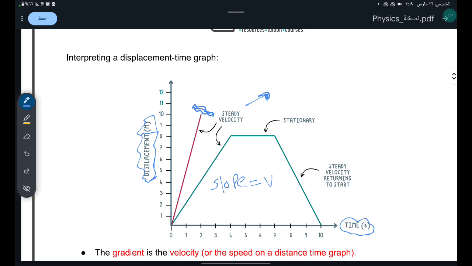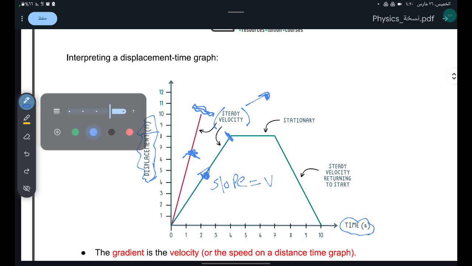This green line also represents a steady velocity, when the velocity or the speed is increasing.